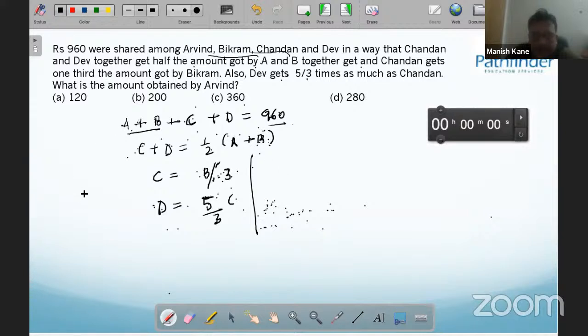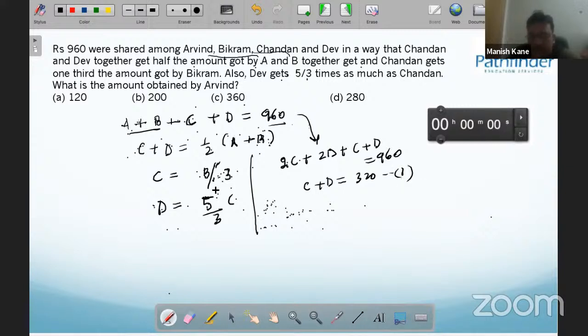So this equation transforms to 2 times C plus 2 times D plus C plus D is equal to 960, which means C plus D must be 960 divided by 3, that is 320. This is my first equation.